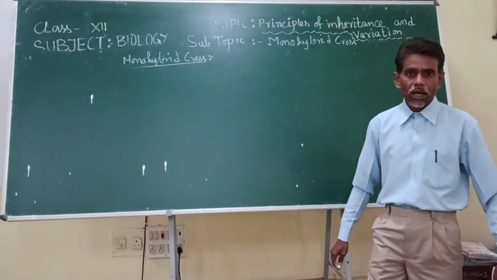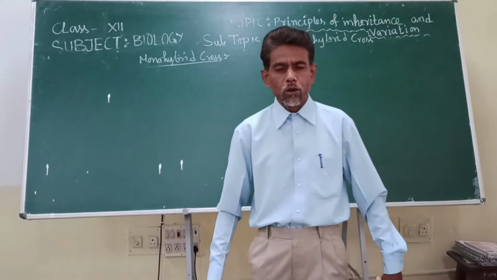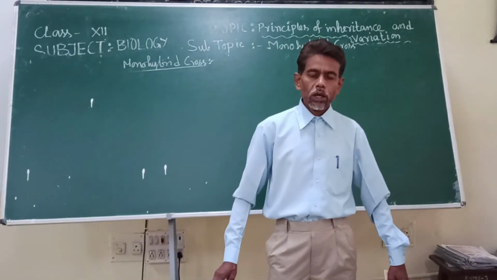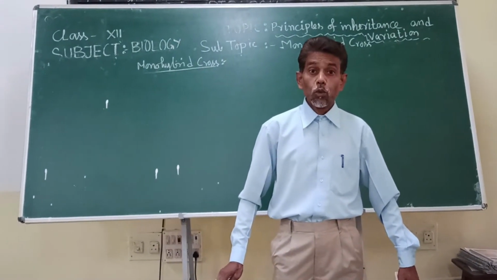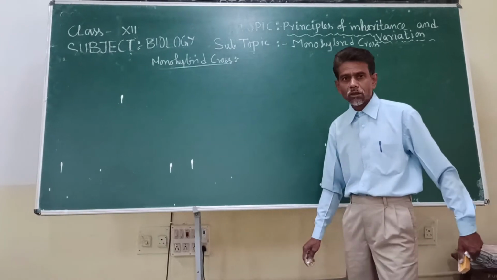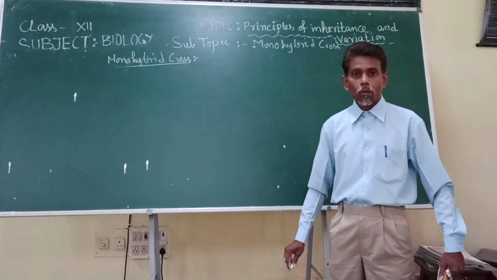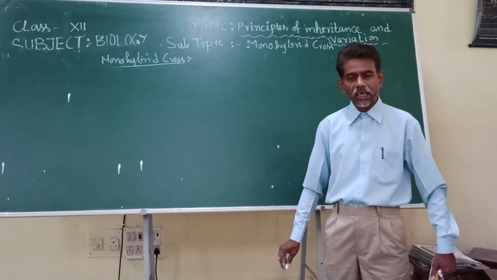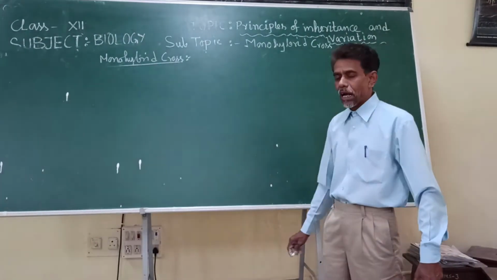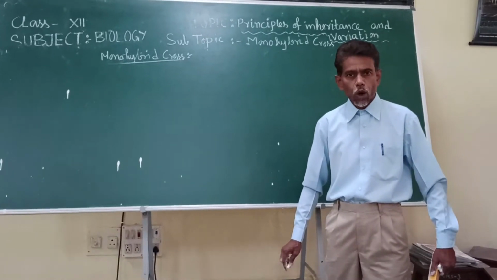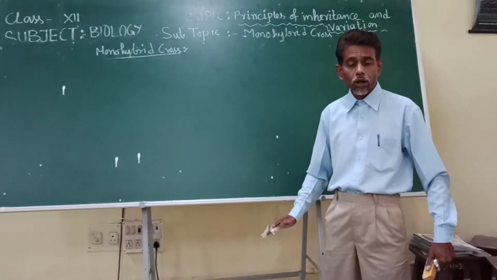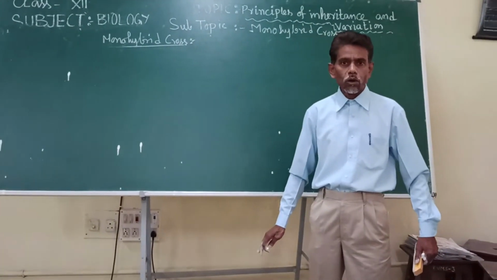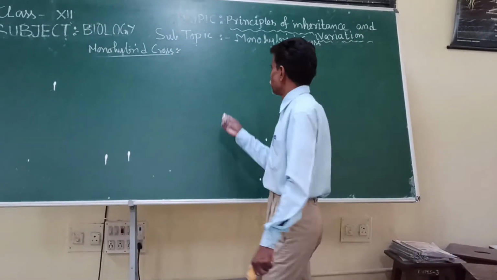In my previous class I told you that from the monohybrid cross experiment of Mendel, we came to know the two Mendelian principles, in the form of laws, that is law of dominance and law of segregation. In the previous class we discussed in detail the law of dominance, how and where it is applicable, and today we shall be talking about the law of segregation.